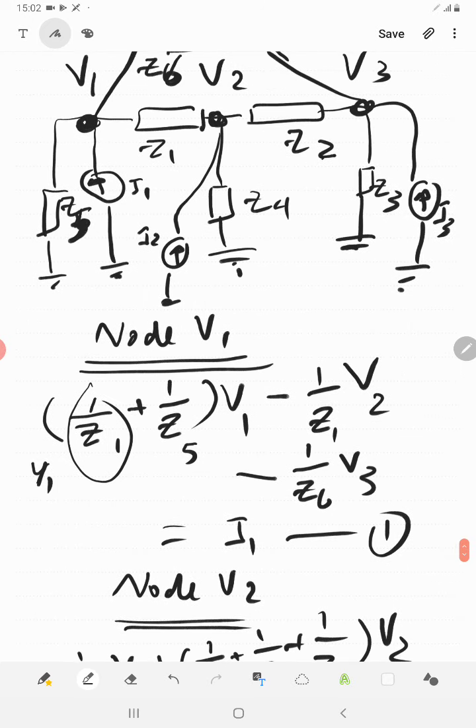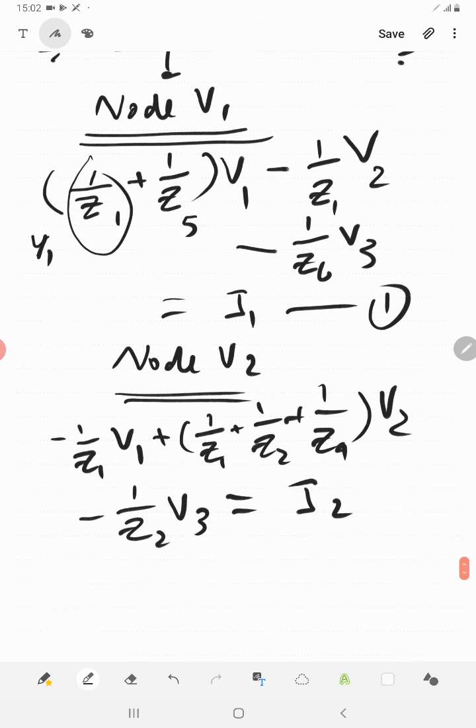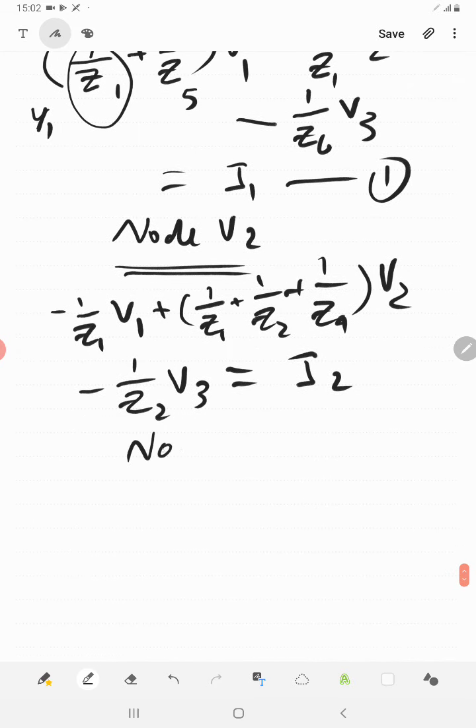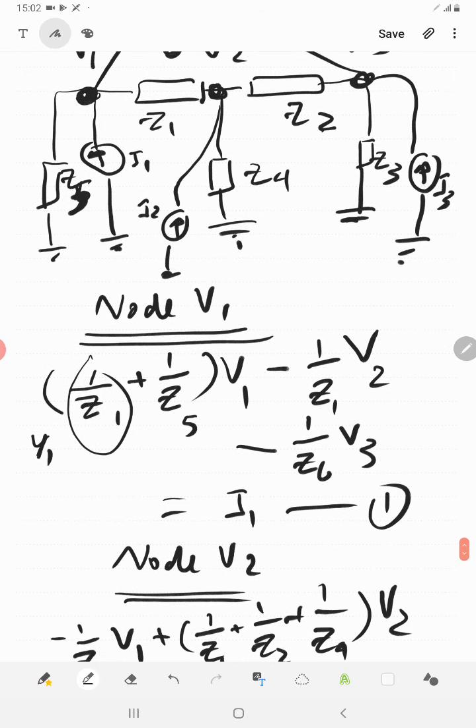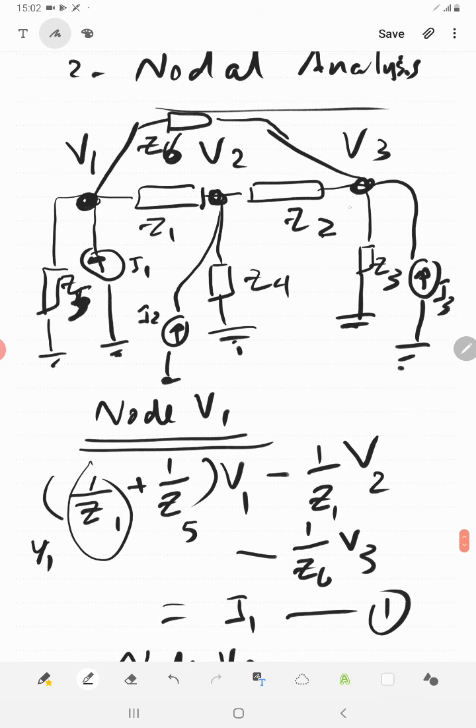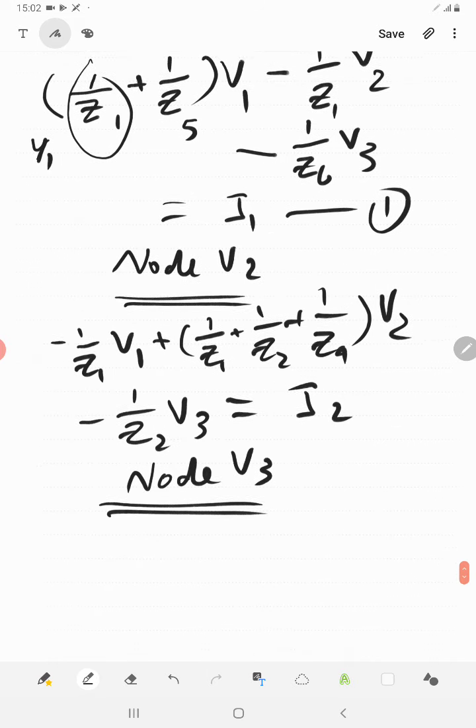Okay? Now we go to node V3. Okay? Node V3, what we have is connected to V1 through Z6.